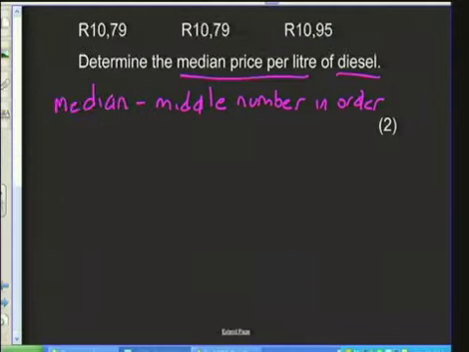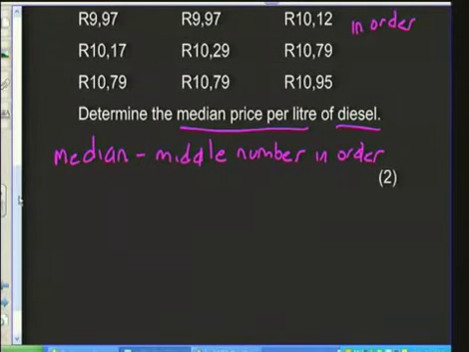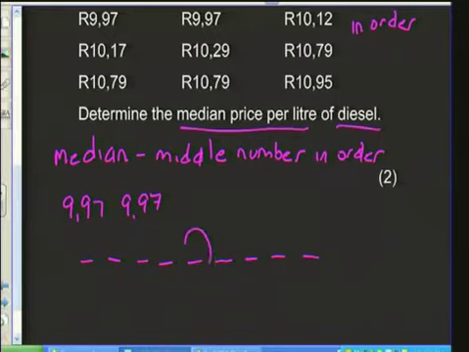Now, you can rewrite them if you'd like and start off by your 997 and literally write them all out. Or you can actually think, well, okay, if I've got 9 different values, then my middle one, let's draw 9, 1, 2, 3, 4, 5, 6, 7, 8, 9. My middle value is actually my 5th one. So my middle value will be my 5th value.